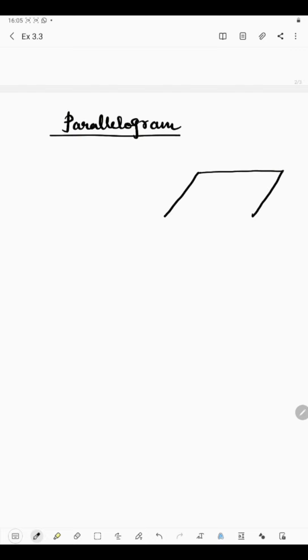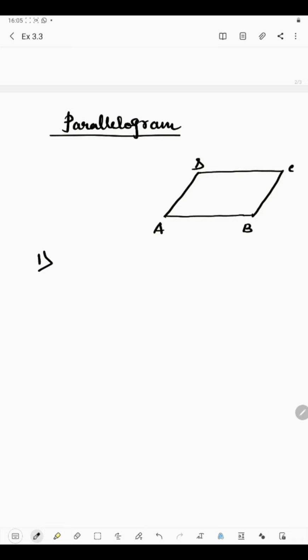Now coming to the parallelogram. A parallelogram is also a quadrilateral as there are 4 sides. So this is the shape of a parallelogram. Now what are the properties of a parallelogram? Suppose ABCD.